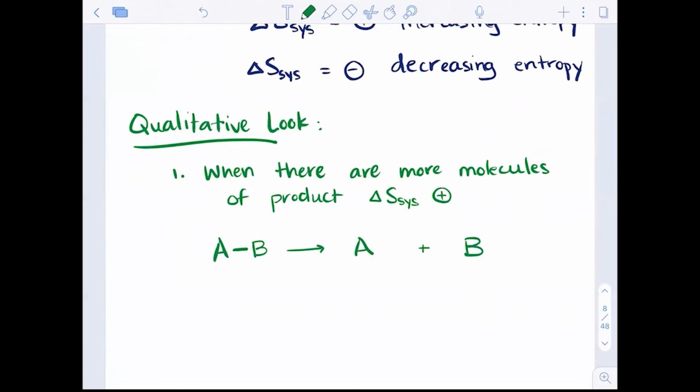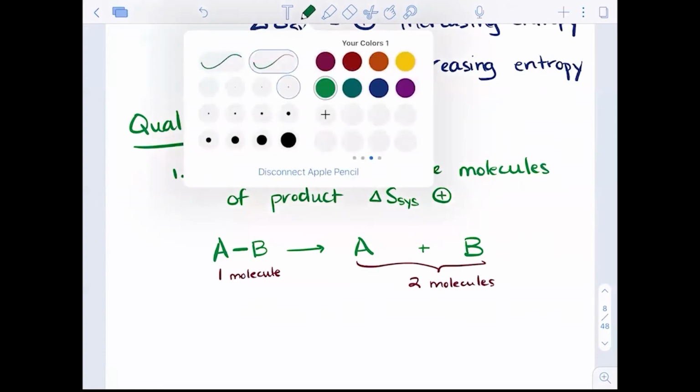Molecule AB now becomes A and B. There's one molecule and we're making two molecules. You can look at the coefficients of a balanced equation. I'm pretty sure we did that too in general chemistry. If not, no big deal.